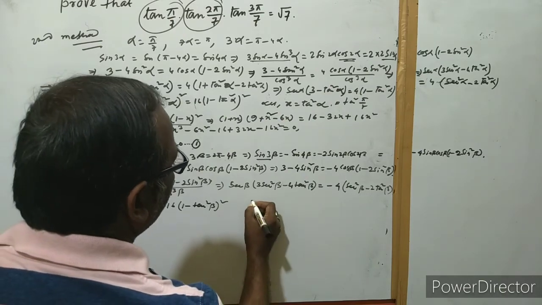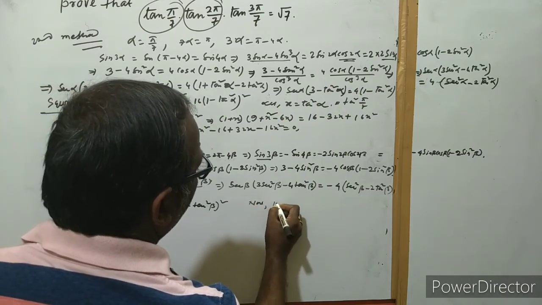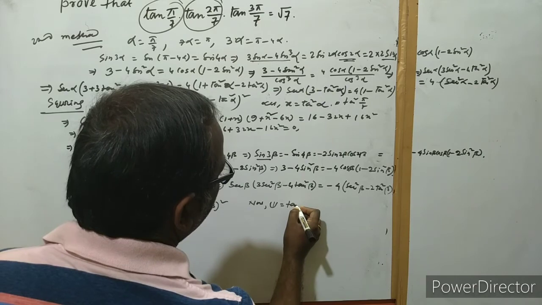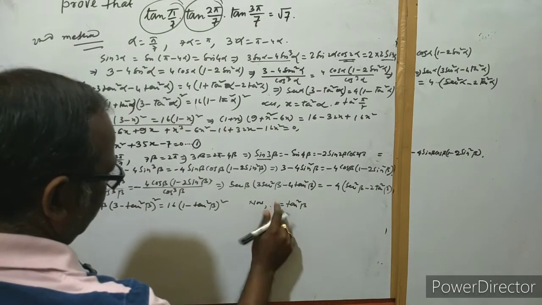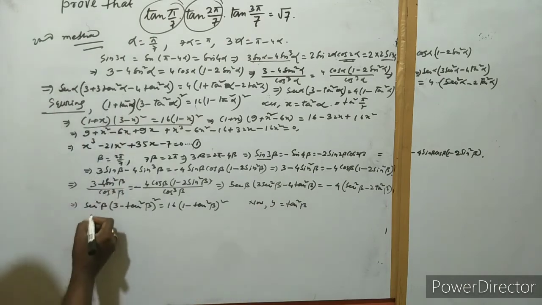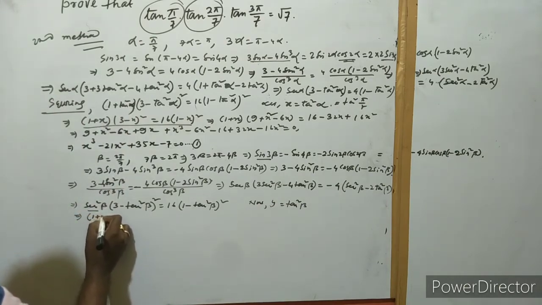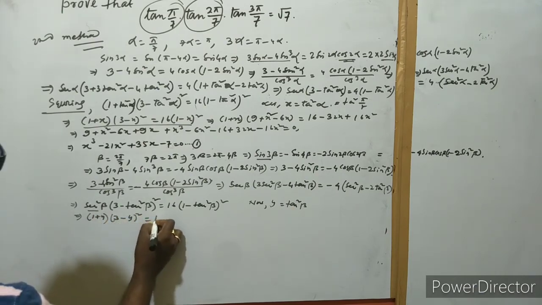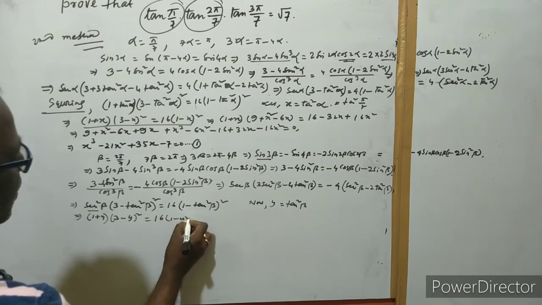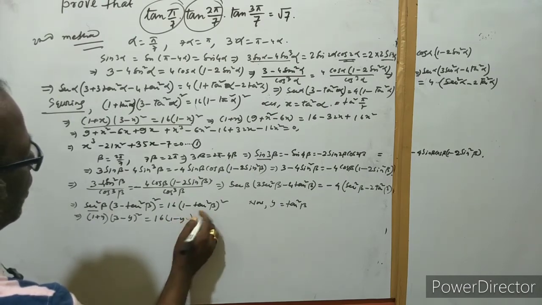Okay, now let y be equal to tan square beta. So this is y, therefore sec square beta is 1 plus y, so then (3 minus y) whole square, and 16 into (1 minus y) whole square.